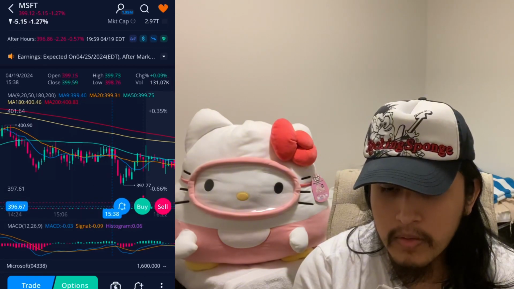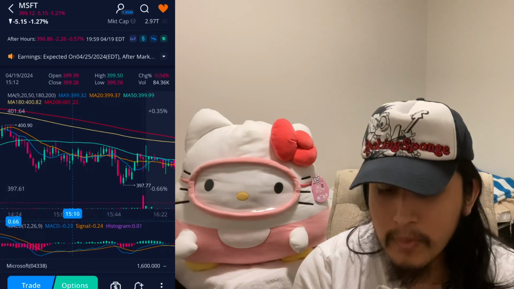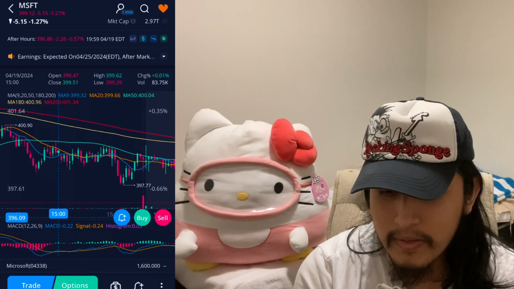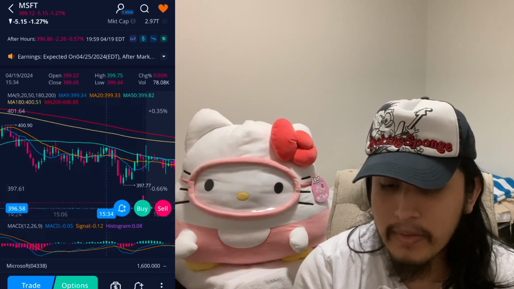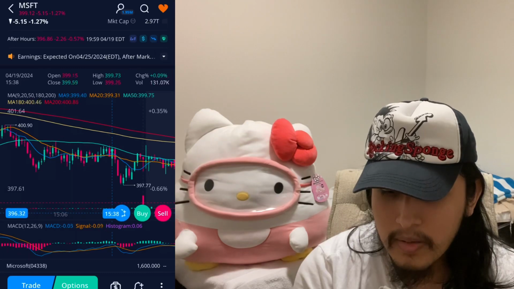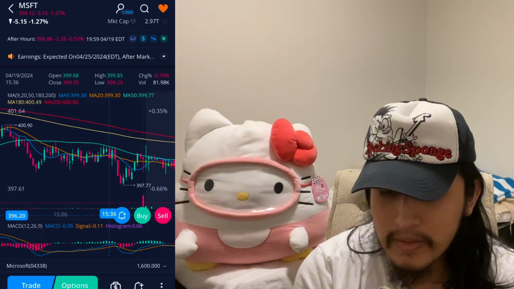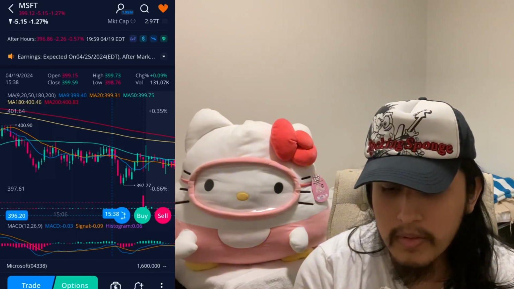At 3:37, I got into a put position because I saw that Microsoft got rejected here by the 50-day moving average. I figured if it touches the 50-day moving average here, I'm pretty sure it's gonna get rejected.